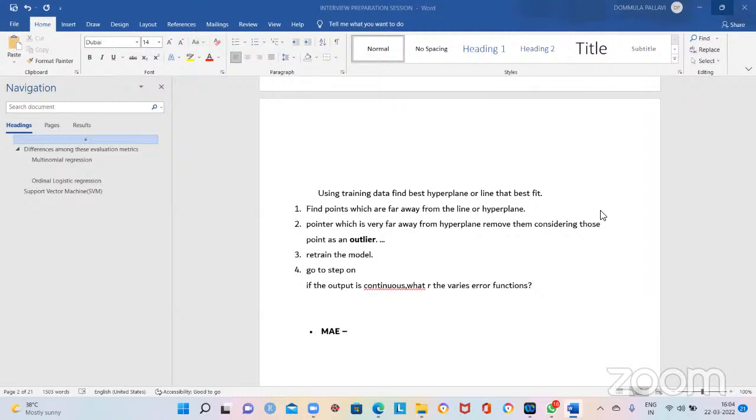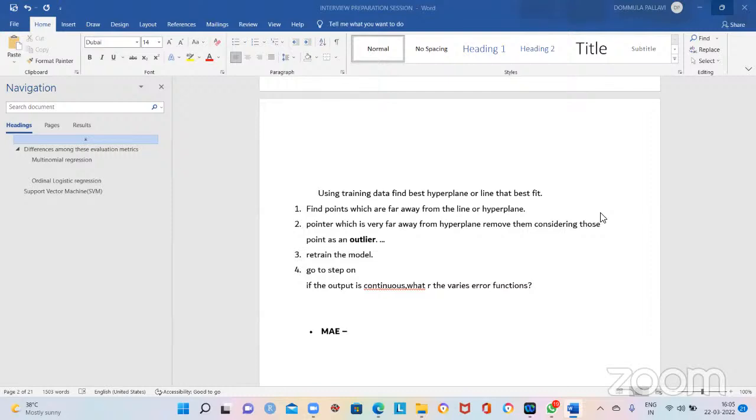Discussing this: using training data, find the best hyperplane or line that best fits. We will discuss 4 points. First, find points that are far away from the line or hyperplane. Second, remove them, considering those points as outliers. Third, retrain the model. Fourth, go to step one.